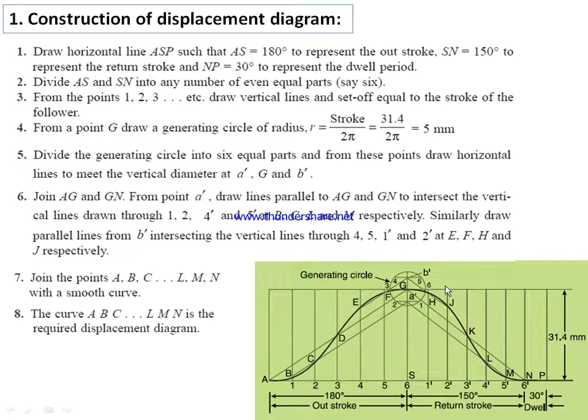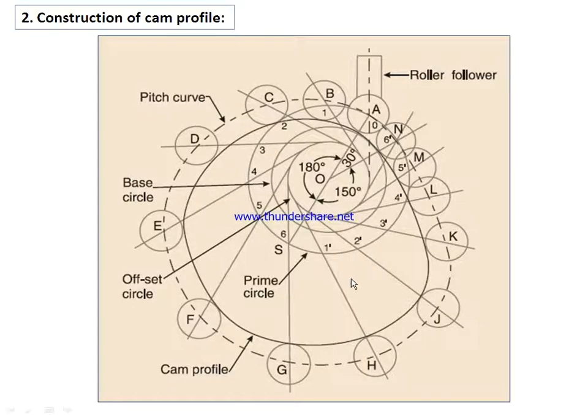Okay. So after having constructed this displacement diagram, we shall now construct the cam profile. So this is the cam profile already constructed. Let me explain the procedure. Already in one of the problems we have seen. Right now, this is the prime circle.